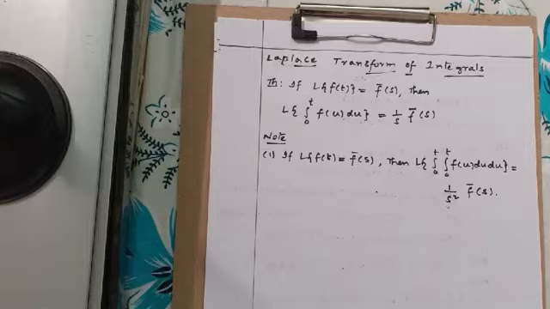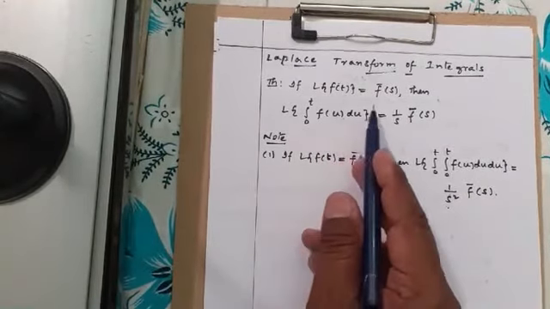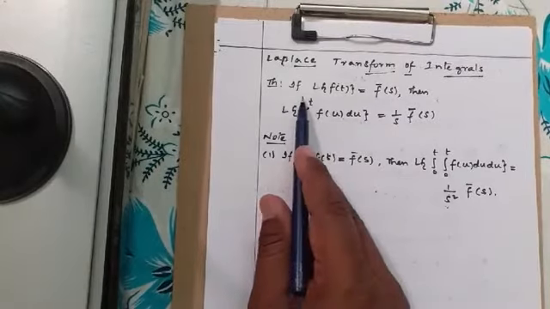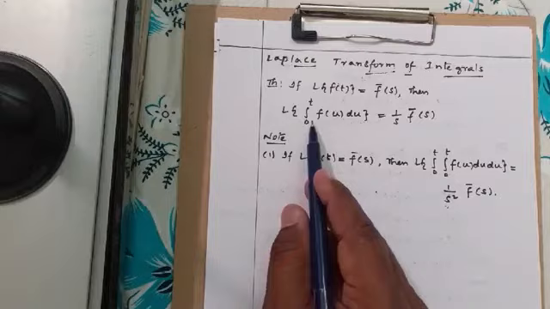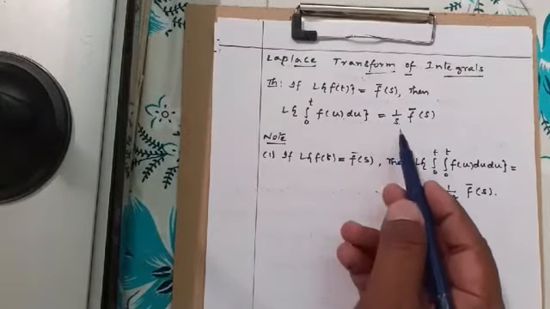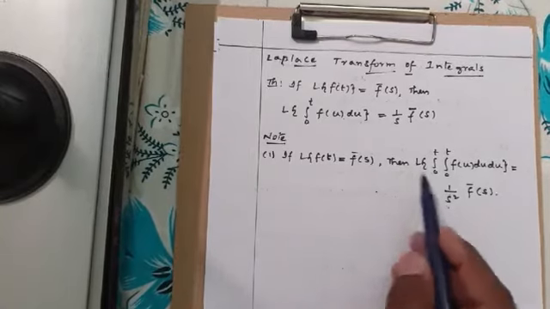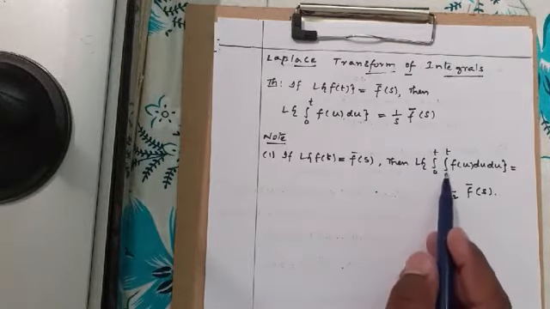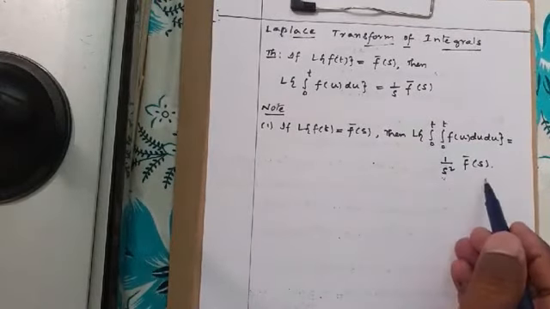You can see here, Laplace transform of integrals is, if L of f of t is equal to f bar s, then Laplace of integral 0 to t f of u du is equal to 1 upon s f bar s. Now here this note will have two integrals, 0 to t, 0 to t. If it is the case, then you will get 1 upon s square f bar s.